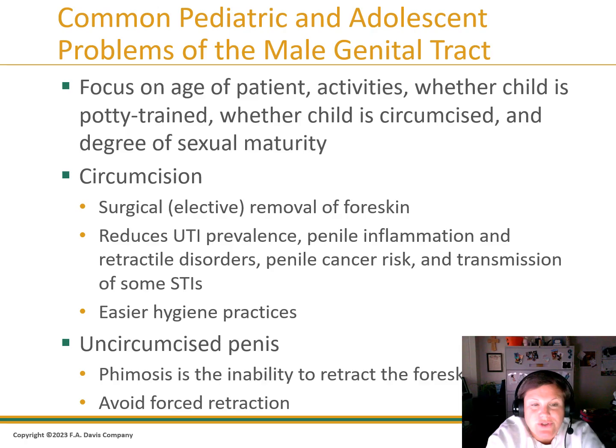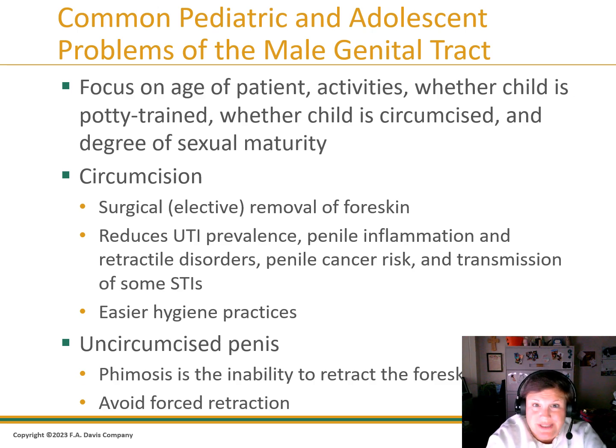But for those who are circumcised or who aren't, there can still be issues or complications later in life associated with either. So with circumcision, some things to note is that it is essentially an elective procedure in which foreskin is removed. Its purpose is to reduce the frequency of urinary tract infections, inflammation to the penis, and disorders associated with any kind of excessive skin.